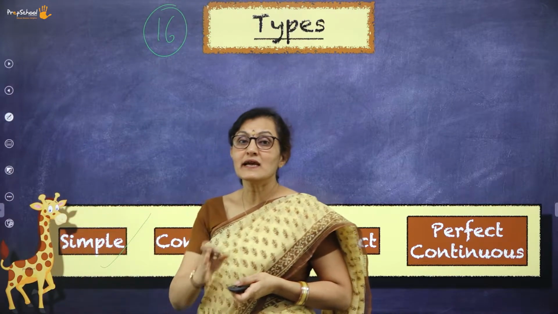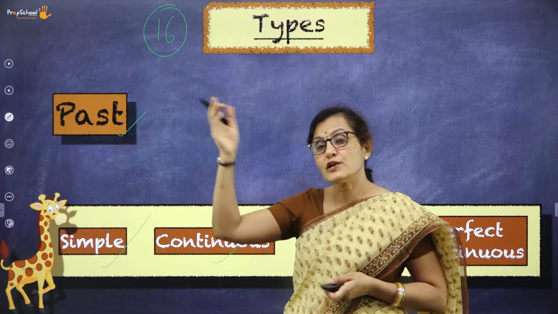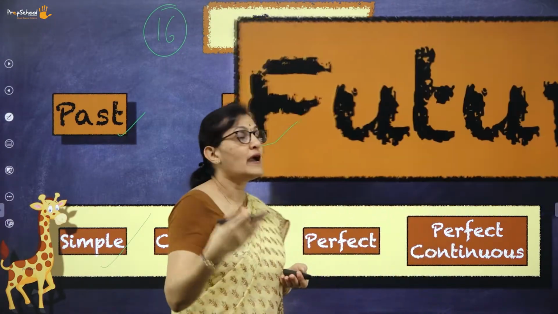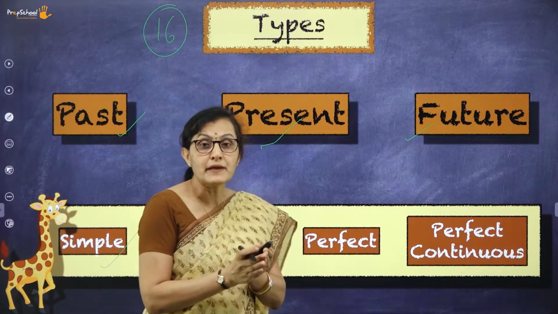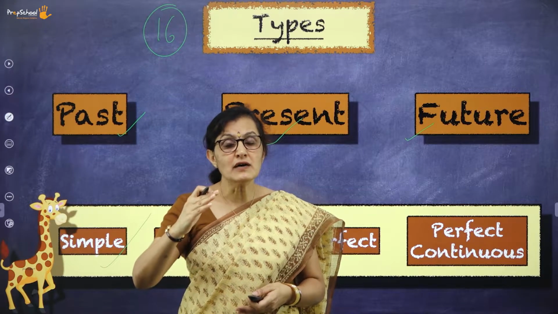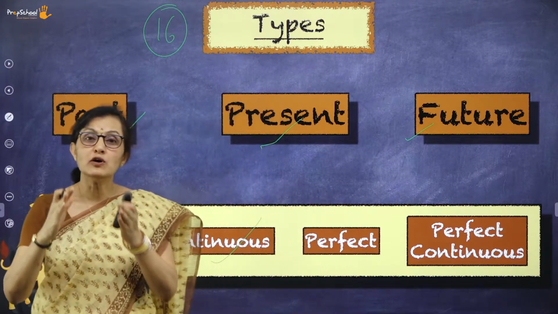So to understand the tenses, you see past: the action has already happened. Present: the action is happening. And then future: the action is going to happen. For example, if I say the teacher taught the lesson, that means the action comes to past.